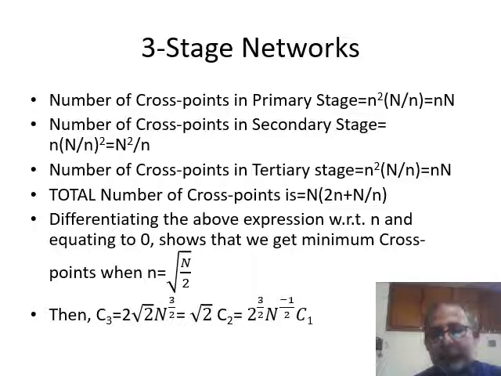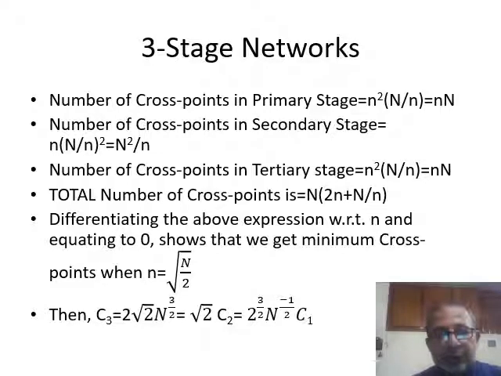It would be n square, and we get a value of small n into capital N. The number of cross points in the secondary stage would be small n into capital N over n whole square. You can see this from our previous slide, and you can confirm this from our previous slide also.